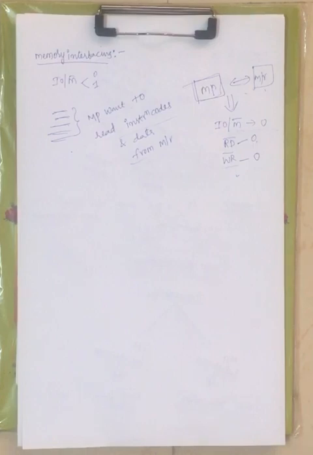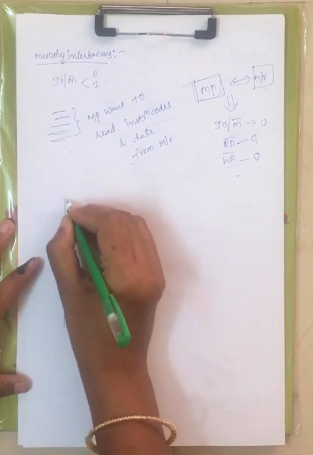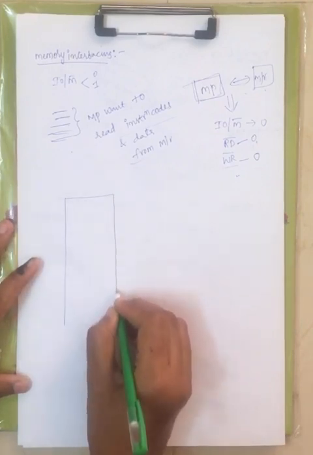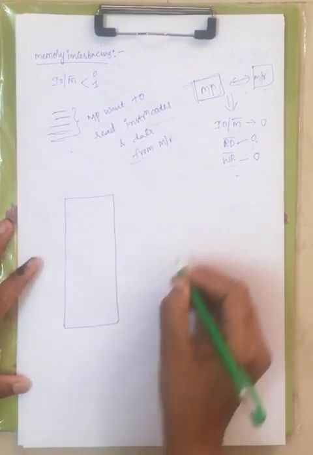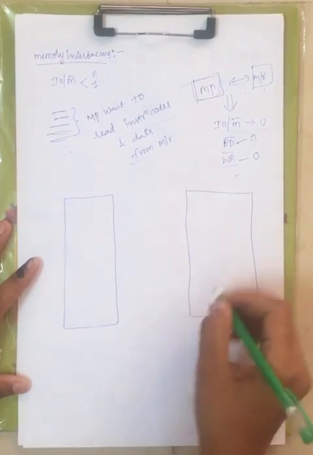Now we will see how to interface. With that basic reason, we will interface your microprocessor with the memory chip.